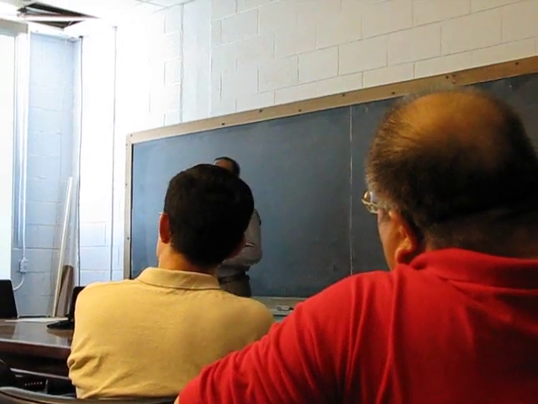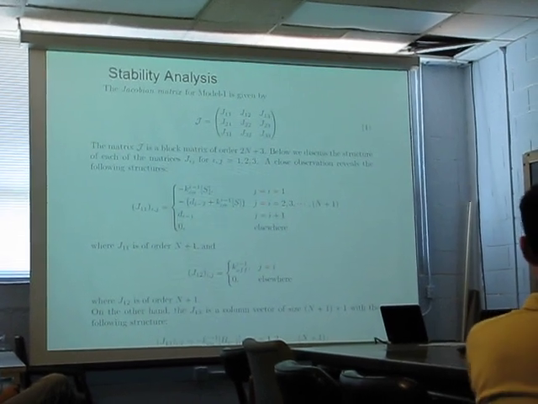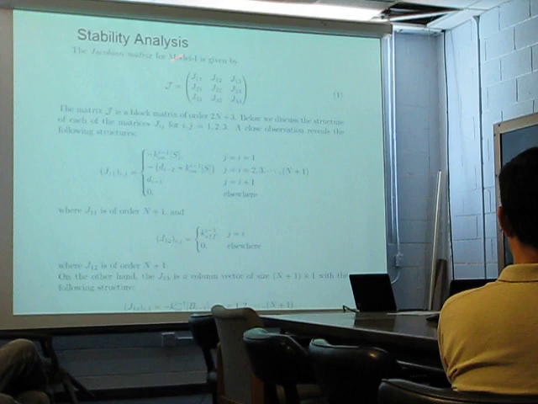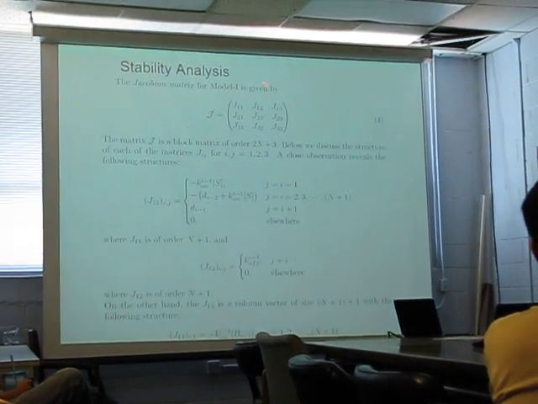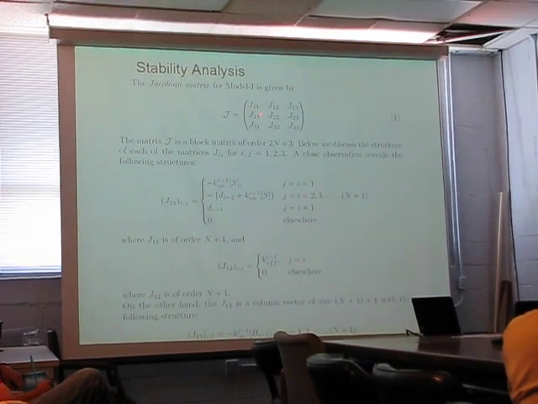Now we did some stability analysis of the system. We had a system of nonlinear equations. For the general case, we find the Jacobian like this, and we found some similar structure.